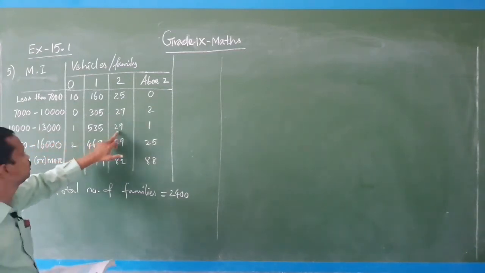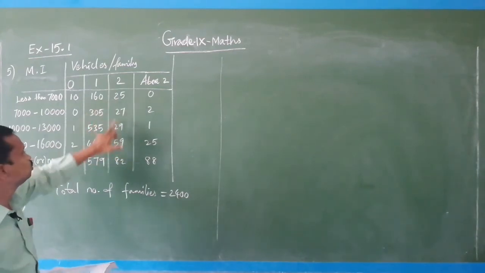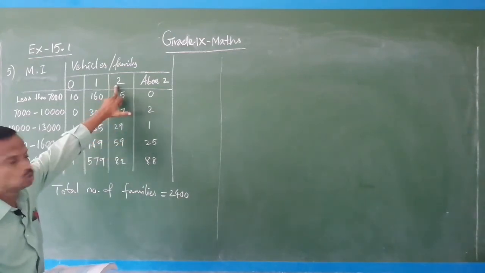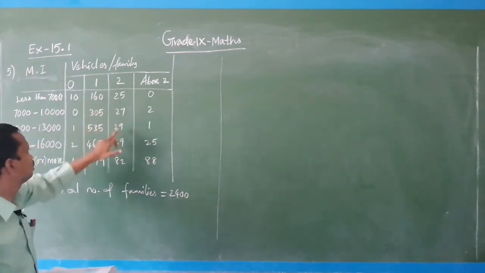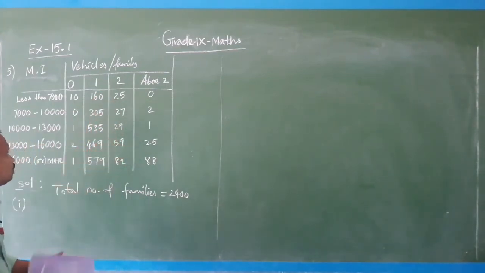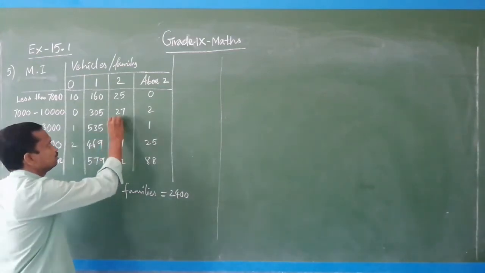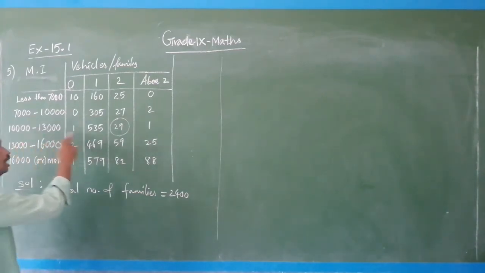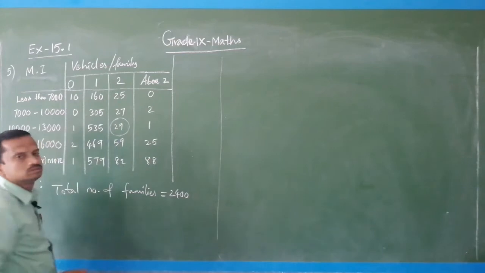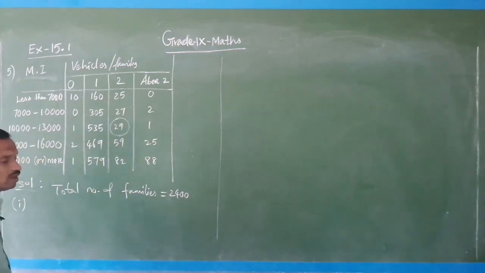Exactly 2 vehicles means, you see, under this 2, this is the number of vehicles 2. So straight to this, this row and this column you have to see. So you see this is 29, right? You have to take 29 families whose income level is 10,000 to 13,000 and owning 2 vehicles. So that is 29 families. So you have to find the probability for that.